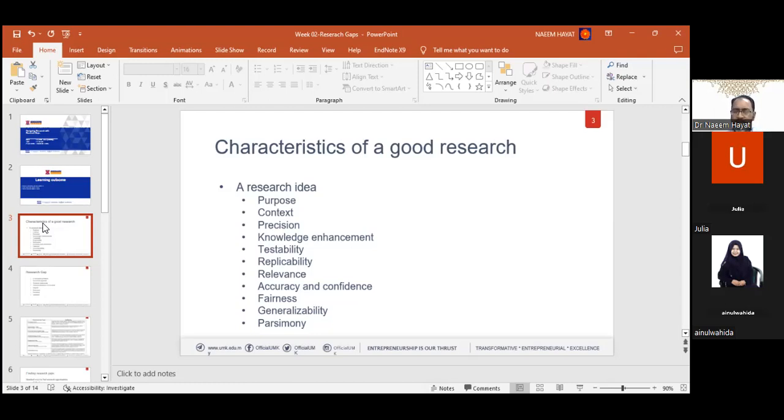Another but very important one, parsimony. Parsimony is related to the ease or comfort with which the research is done. For my understanding, parsimony means a moderate kind of complexity. Research is always able to help deliver an answer to a complex question, but the complexity must be at a moderate level.